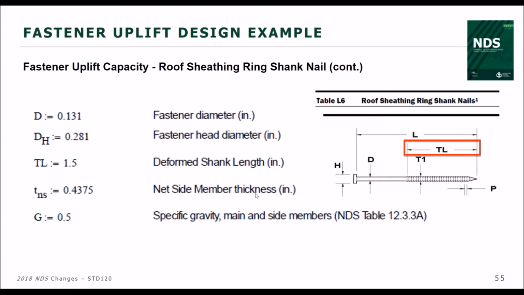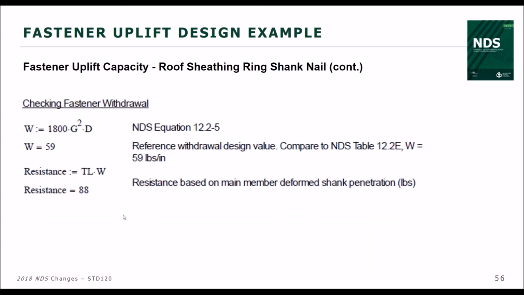The net side member thickness ends up being 0.4375. We enter that into the equation that we showed a little bit earlier for withdrawal capacity. It gives us a value of 59 pounds per inch. That's the value you could also pull out of table 12.2E, 59 pounds per inch.